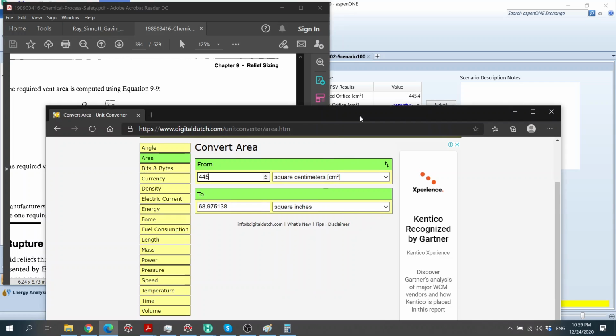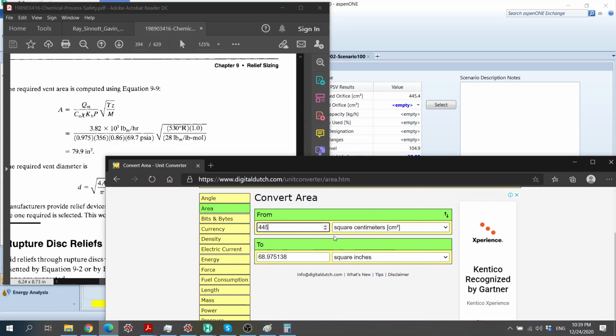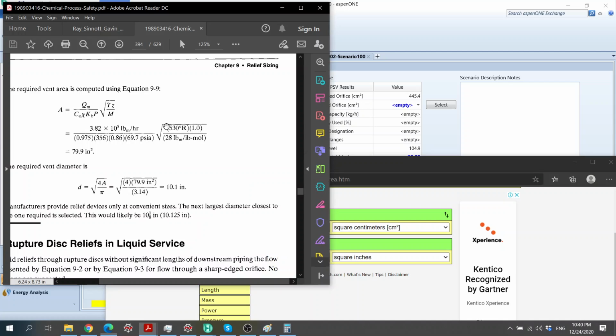Yeah, which we calculate consistently lower. So there is a consistent error that we do compared to the book here. It's about 80 square inch. It's about 70 square inch. So we're like a 10 square inch difference.